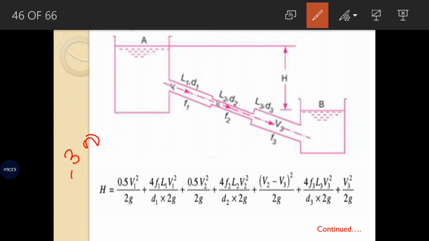So here we have 300, 200 and 400. The first pipe, whichever diameter is 300, is this pipe. Next, 200 is this pipe and 400 is this pipe.